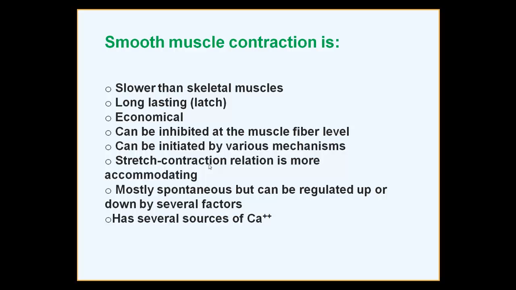It can come from the caveoli, it can come from just leaky channels, and the extracellular calcium will start to seep in. At any event, we have a much more diverse way of getting the calcium into the cell. So that concludes our lecture about the smooth muscle contraction, or the smooth muscle physiology.